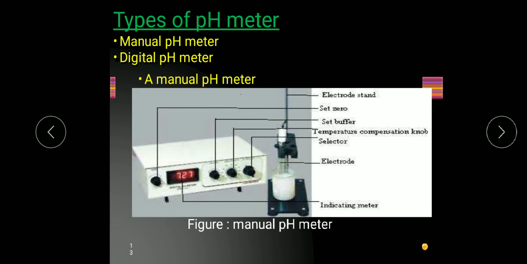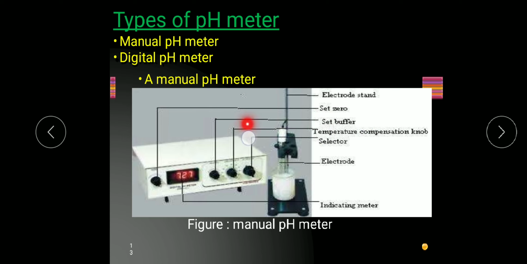These are the different types of pH meter. First is the manual pH meter and second is the digital pH meter. This is the manual pH meter. These are the different buttons here. This button is the set zero button. This is the set buffer, the pH adjustment of the buffer.